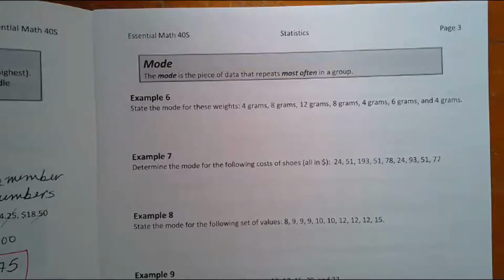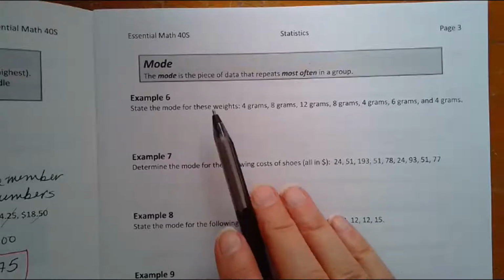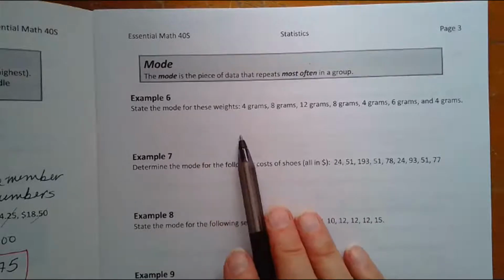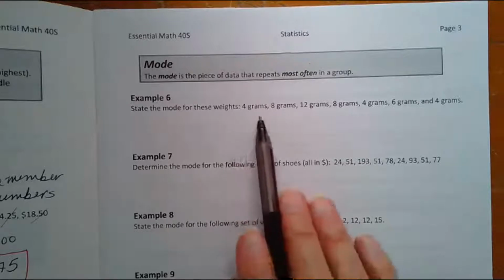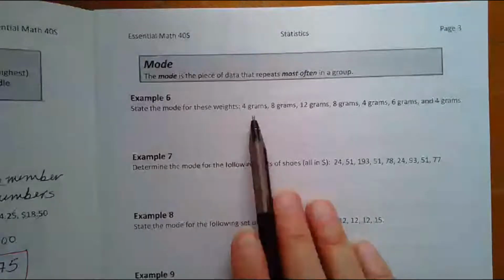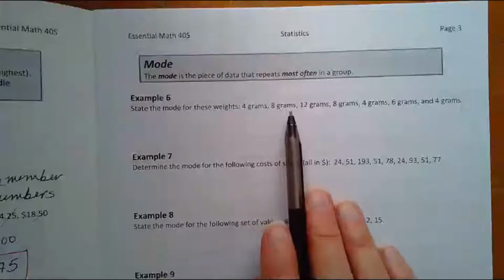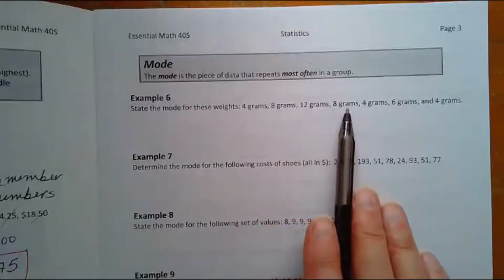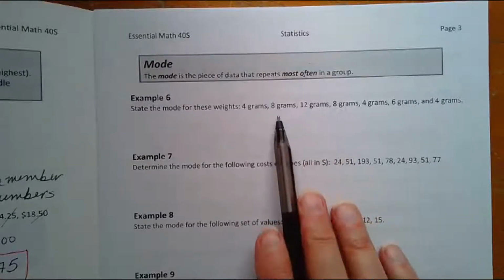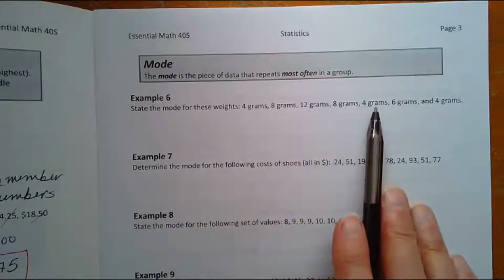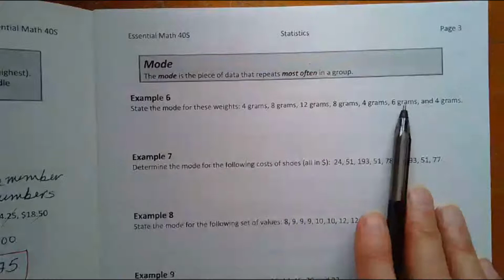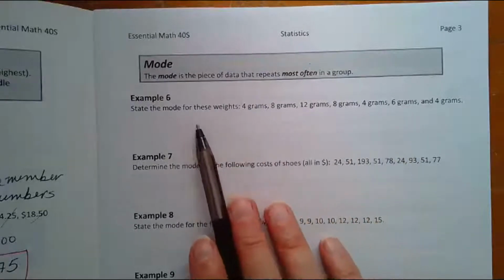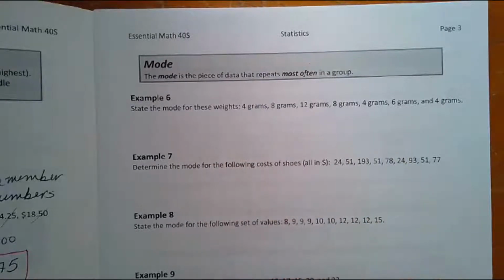Let's see what the mode is for example 6. State the mode for these weights. Okay. Sometimes I have to order them and sometimes I don't, but I have a 4, an 8, a 12. Okay, I have another 8. Okay, I have 2 8s, but I end up having 3 4s and 1 6. State the mode for these weights.